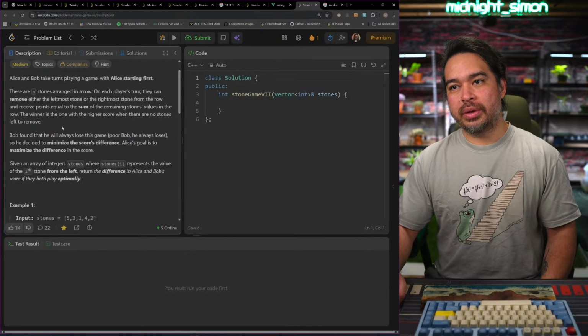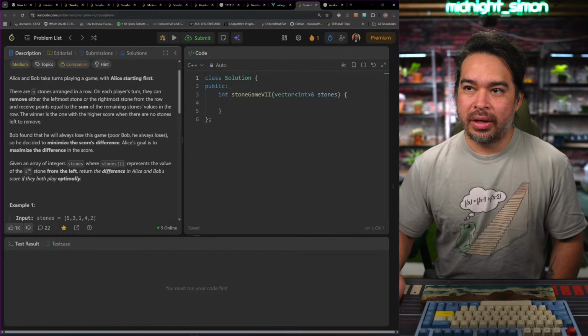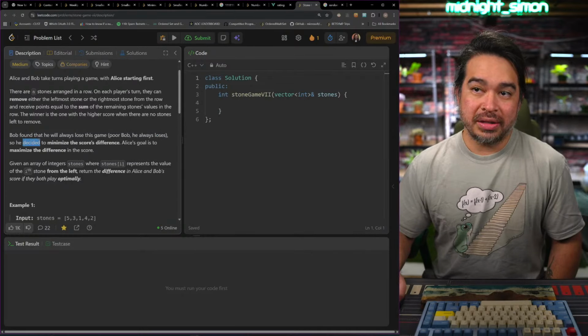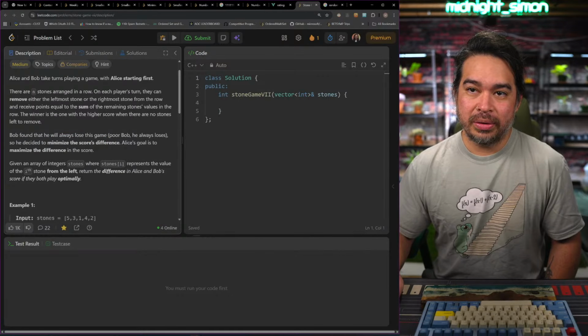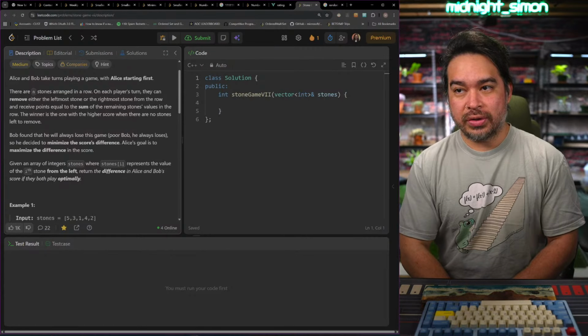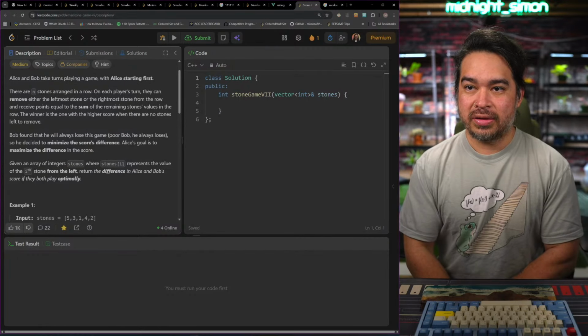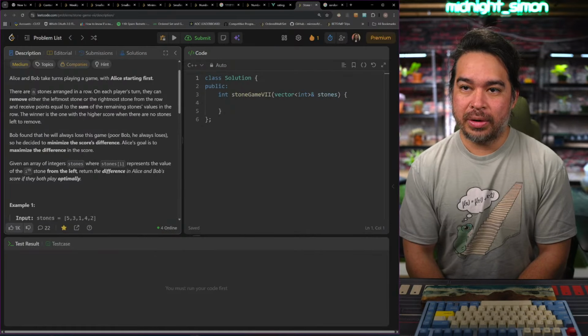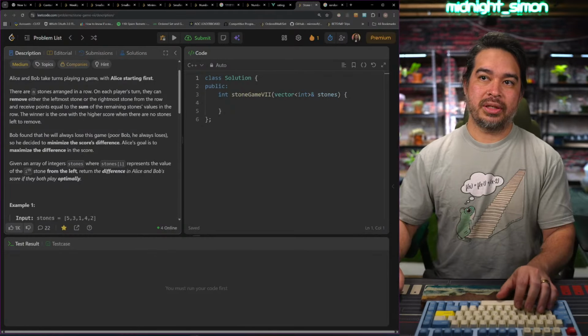Bob found that he will always lose this game. Poor Bob, he always loses. So he decided to minimize the score's difference. Alice's goal is to maximize the difference in the score. Given an array of integers, stones, where stones[i] represents the value of the ith stone from the left, return the difference in Alice and Bob's score if they both play optimally.